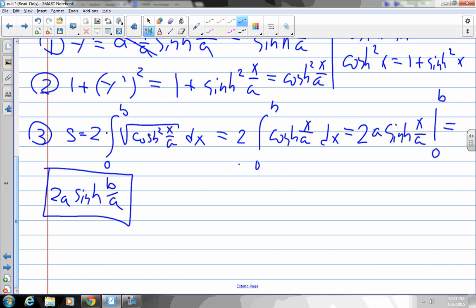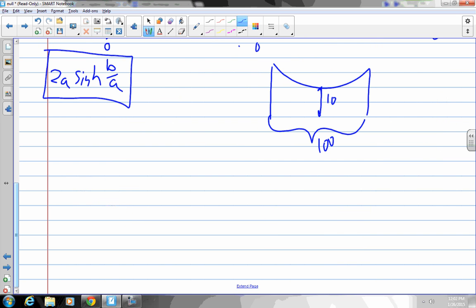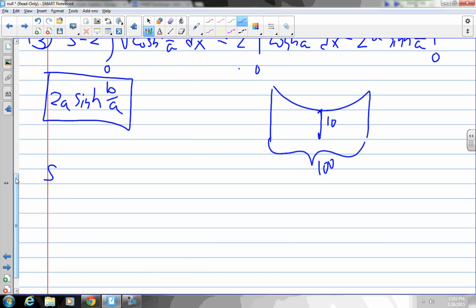Then I can find the length: it will be 2 times 10 times hyperbolic sine of 50 over 10, so this is 20 hyperbolic sine of 5.